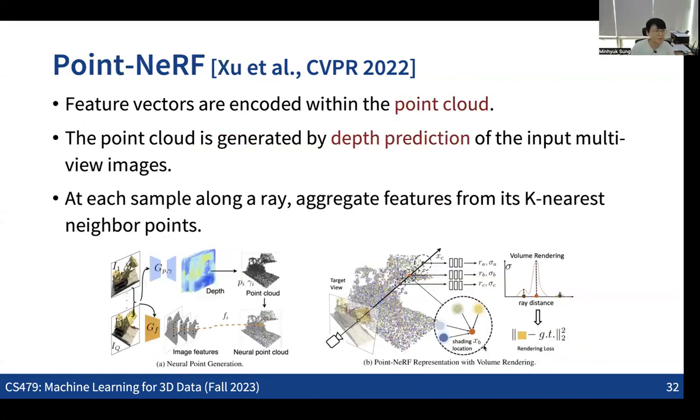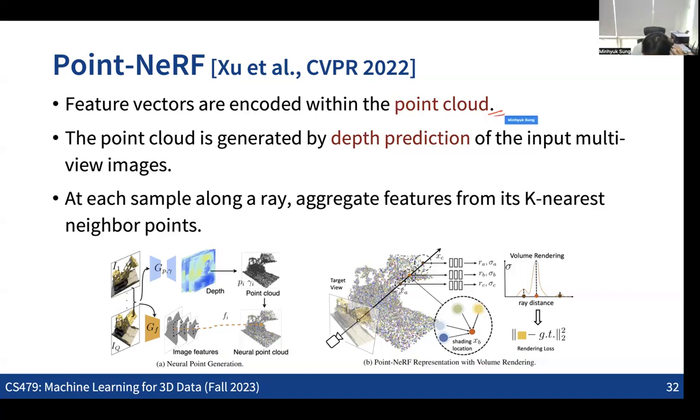So let me go over the slides here. We have seen some ideas in terms of how we can encode all the information in a more explicit way using the 3D grid. But instead of that, we can consider using another representation that we also discussed over the course, like the point cloud.